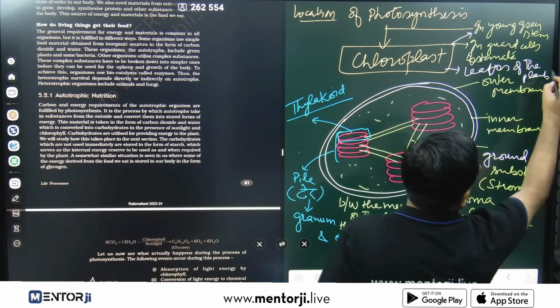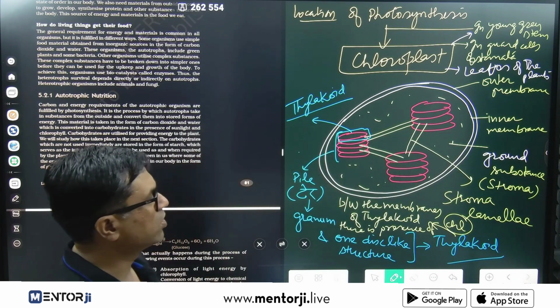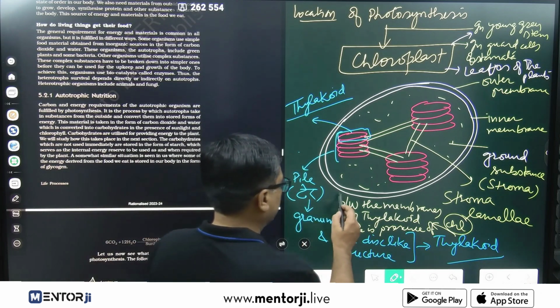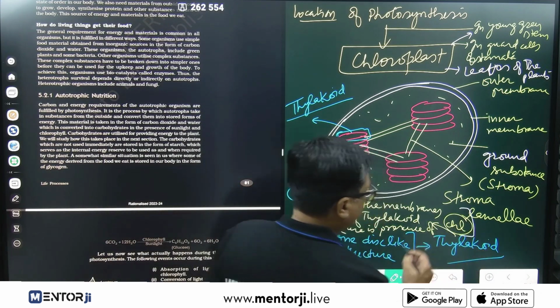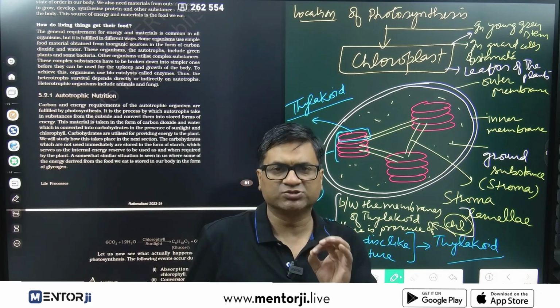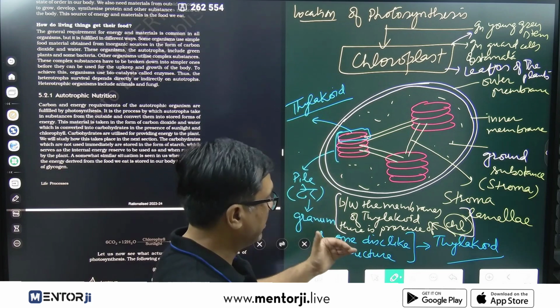So these are the possible locations of chloroplast. That is the diagram of chloroplast. And here we discuss the location of chlorophyll. So three important value points we have discussed under this page.